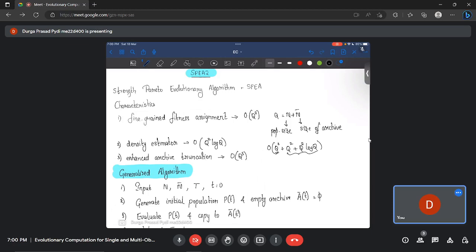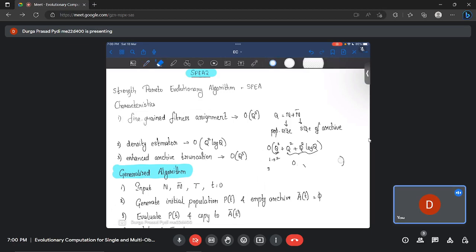If it so happens that one is happening after the other, and 2 and 3 are happening one inside the other, 3 inside 2, then your overall complexity will be something like q square plus q square log q times q cube. Or maybe 2 is happening inside 1 and 3 is happening independently.